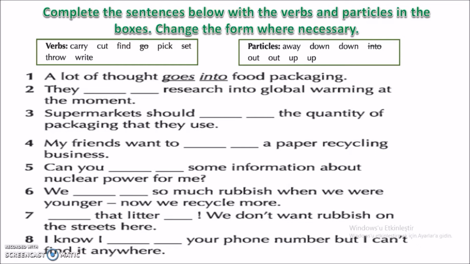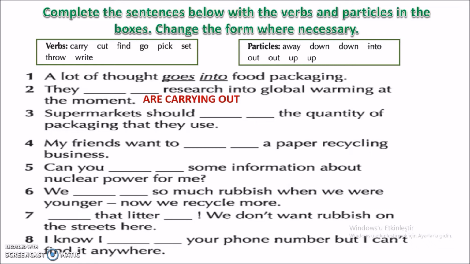So here, I need to pay attention to the time expression at the moment. It shows me that this is present continuous tense. And then I need to find the meaningfully matching phrasal verb. That's why I would say they are carrying out or they are conducting research into global warming. Okay? Number 3, supermarkets should something the quantity of packaging.